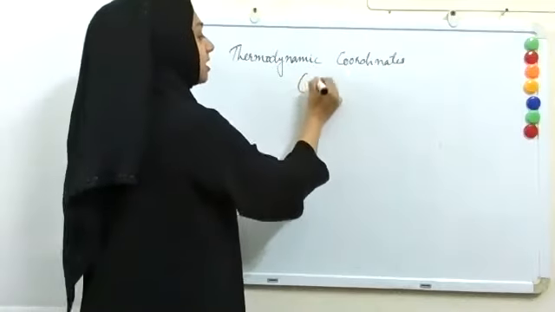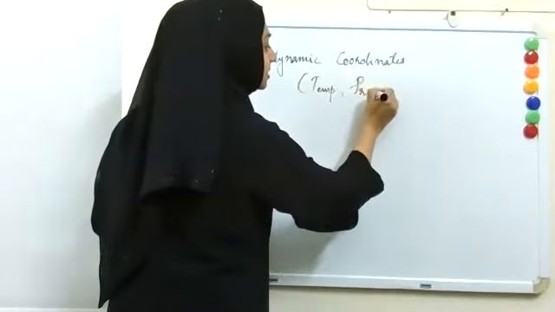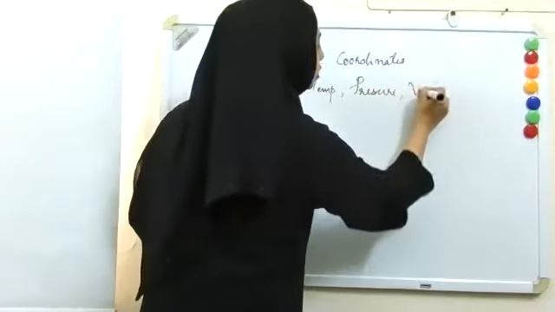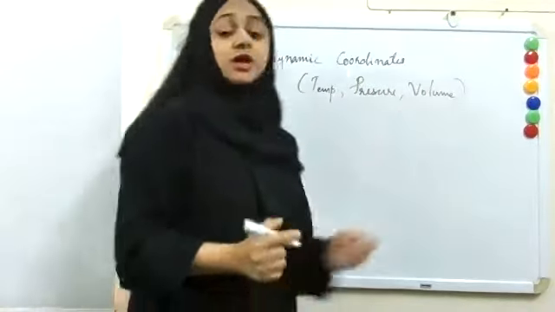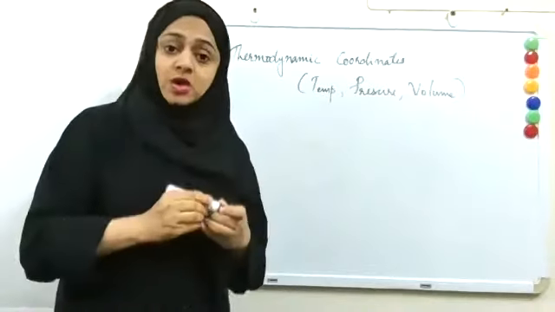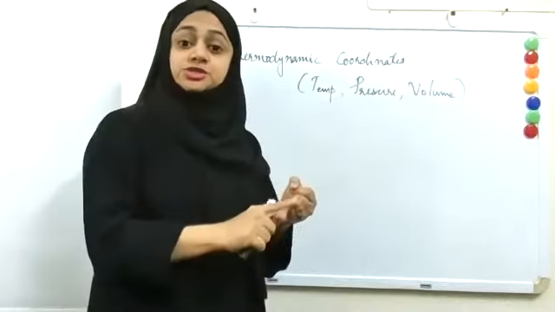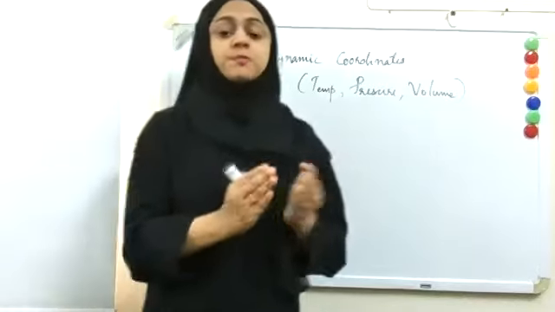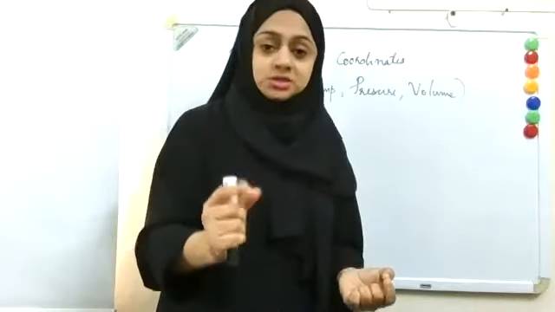Thermodynamic coordinates are temperature, pressure, and volume. These three are called the thermodynamic coordinates because we need to specify the temperature, pressure, and volume to completely explain the thermodynamic property of a system.